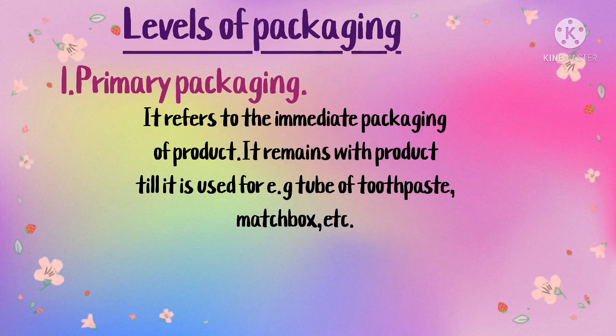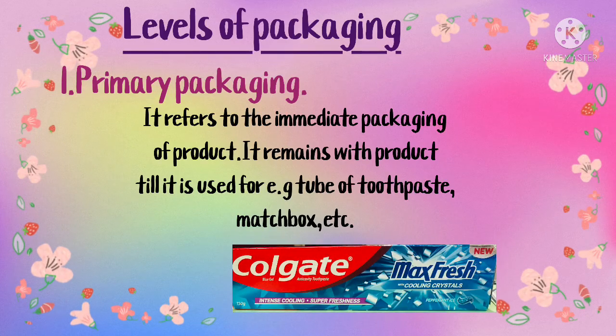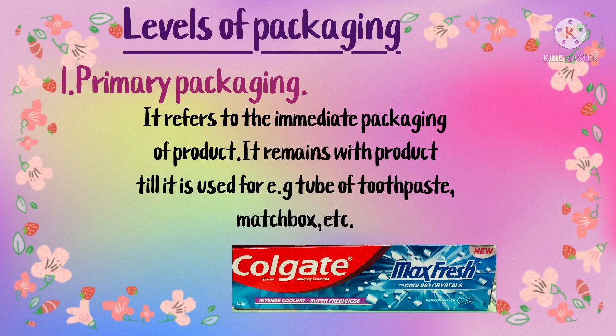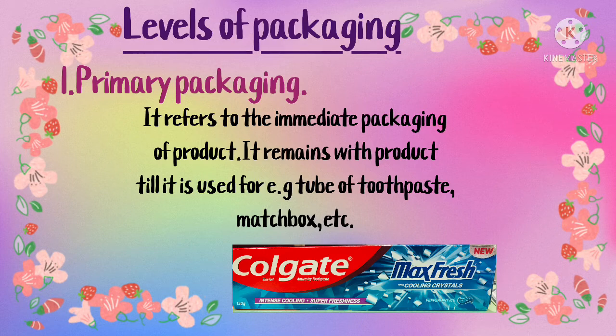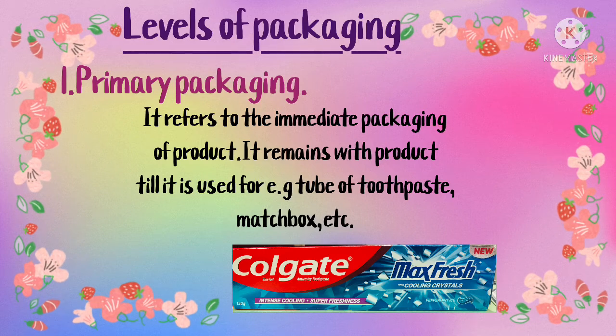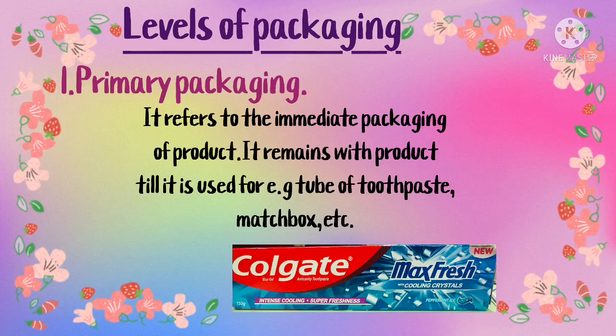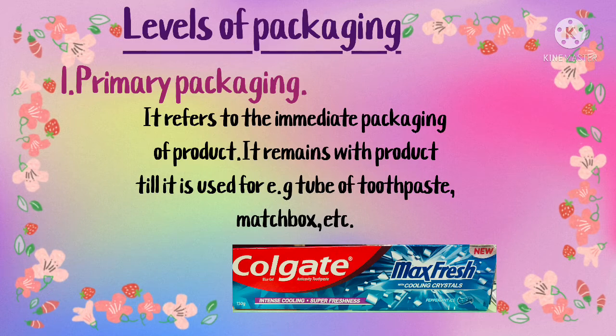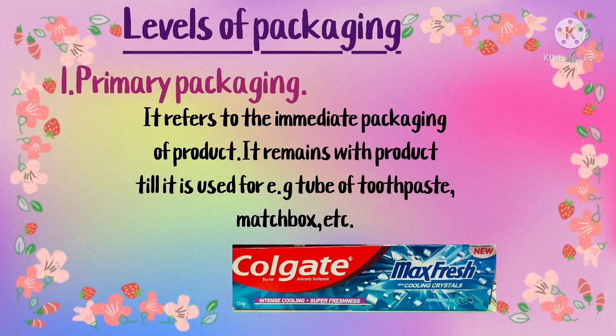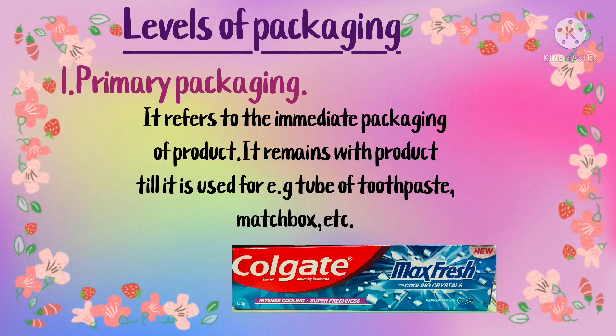It refers to the immediate packaging of the product. It remains with the product till the consumer is ready to use it. Like for example, a plastic packet for socks. So until and unless it's taken out of the plastic, it is not used by the consumers.